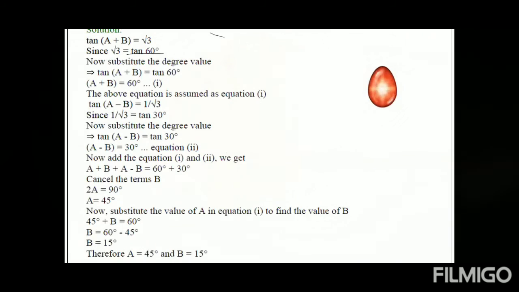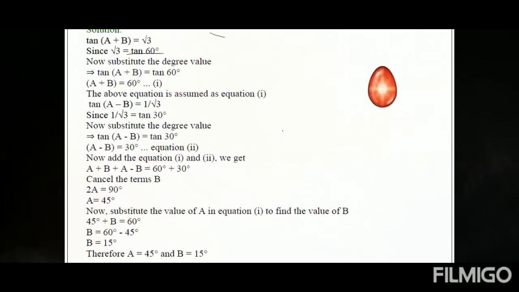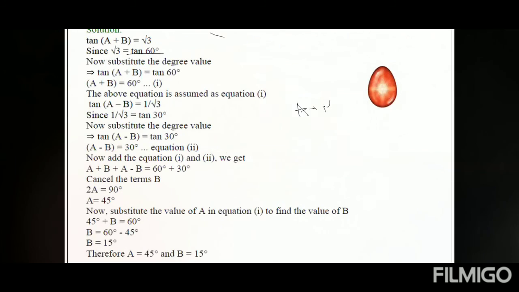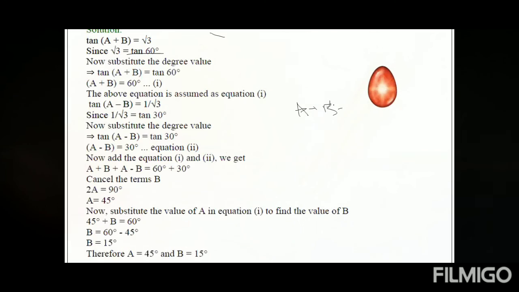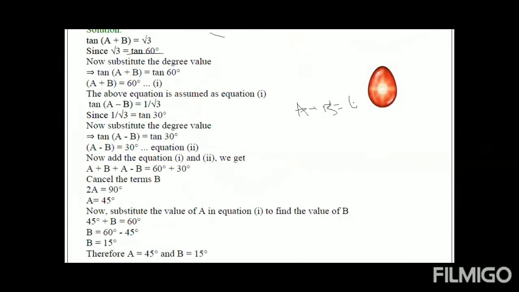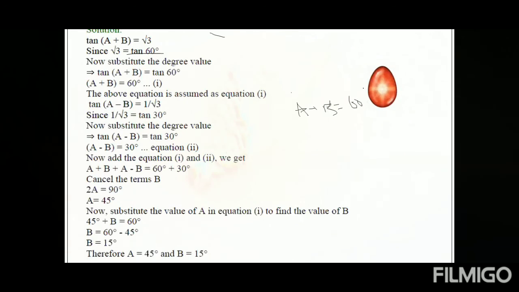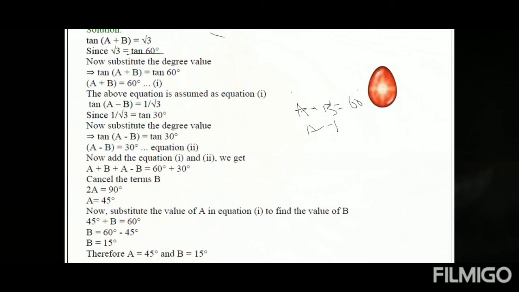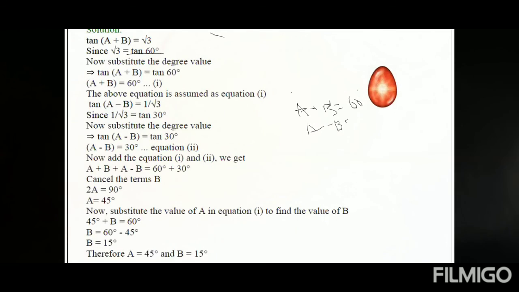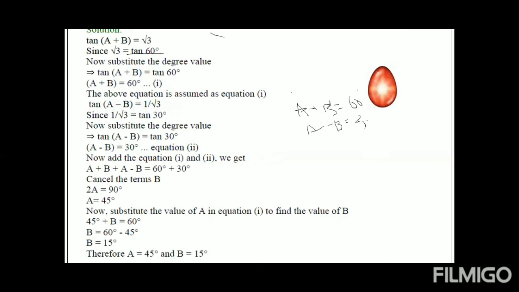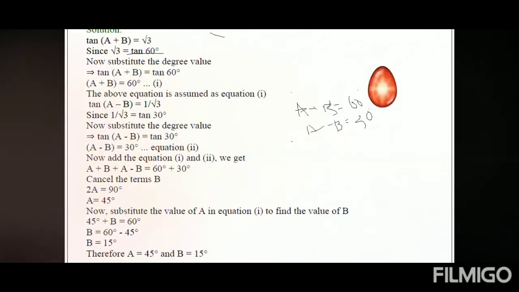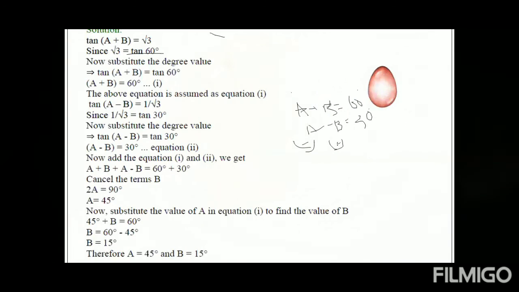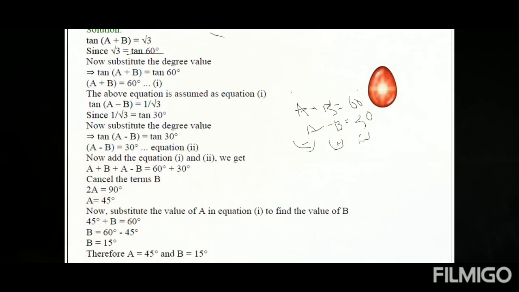Then now you need to solve the question. A plus B equals 60 degree, A minus B equals 30 degrees. Now change the signs, plus turns minus, minus turns plus, and again plus turns minus.